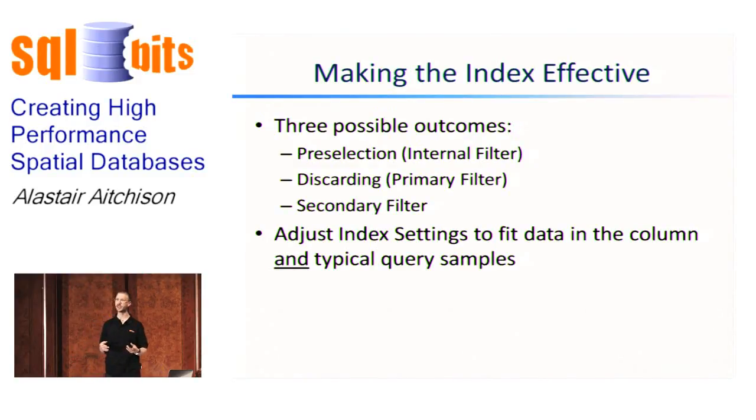The problem is, if you then are trying to find out which of those points lies within a complex, large shape, say Australia, you're going to be trying to get that polygon of Australia to match the same index settings as you had for your points in order to be able to do the comparison. That's not going to be a very good query. So have consideration for both.